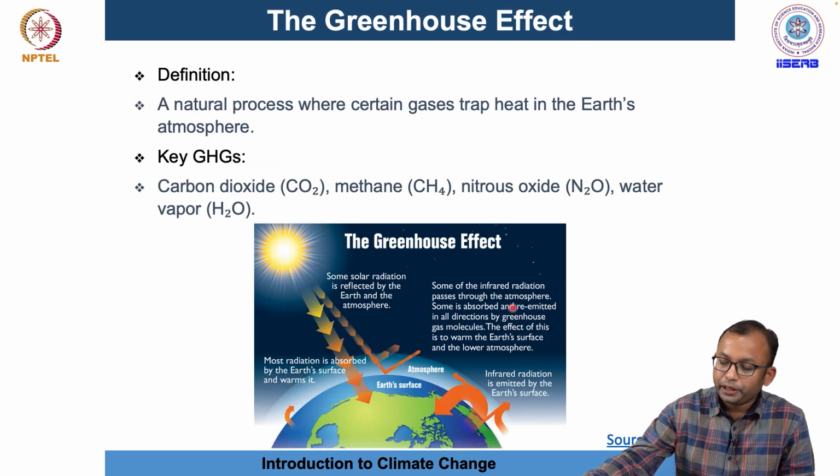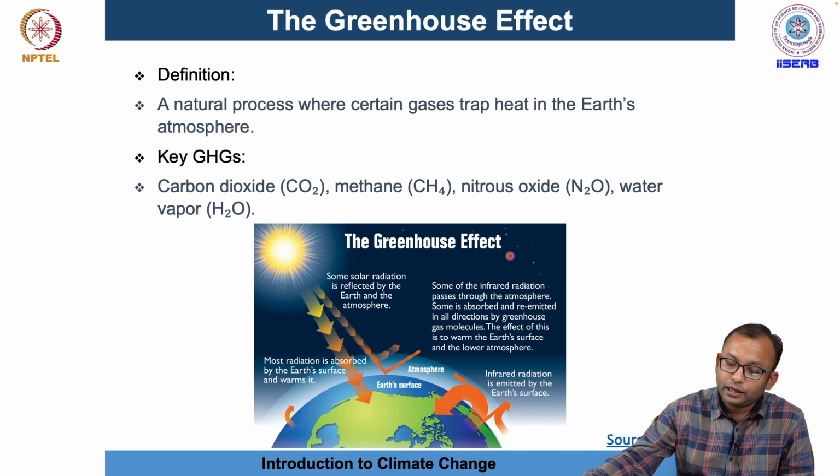Before jumping into the major science behind climate change, we need to understand exactly what the greenhouse gas effect is, because the greenhouse gas effect is a very important phenomenon which maintains the energy or heat of the earth at a certain level, so that our planet can be habitable. For example, greenhouse gases play a very critical role in climate.